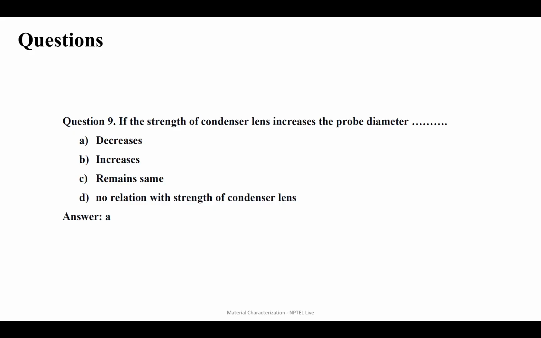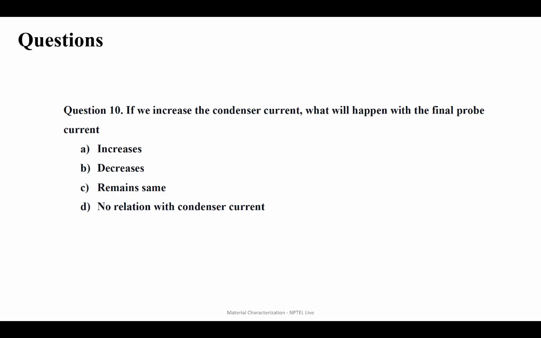If we increase the condenser current, what will happen to the final probe current?